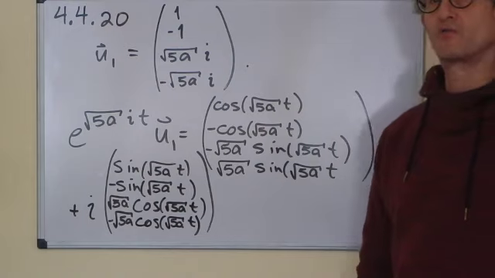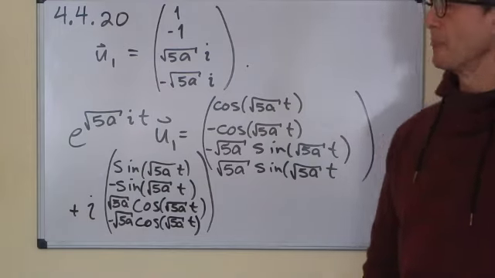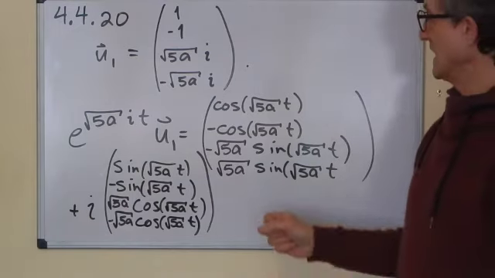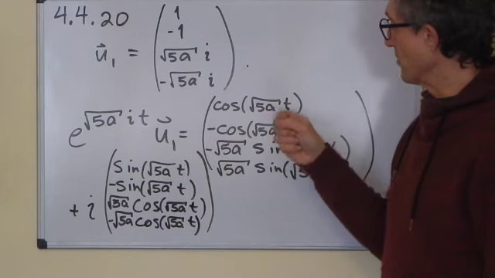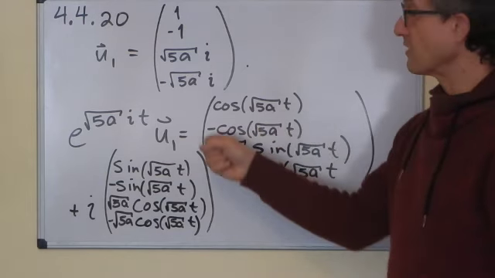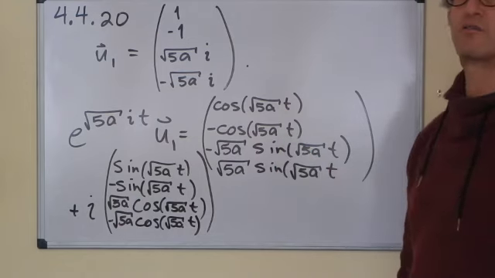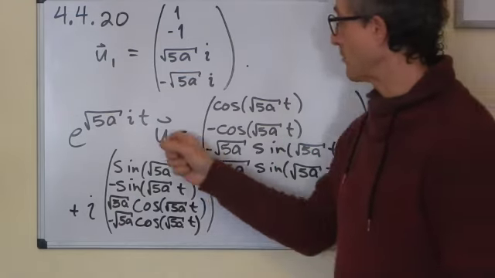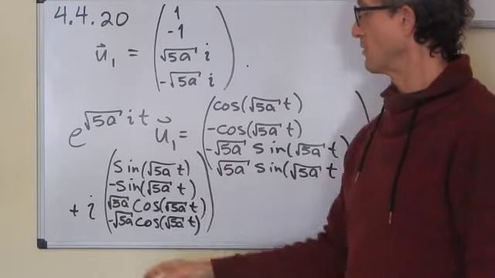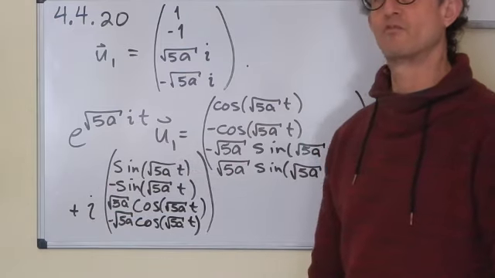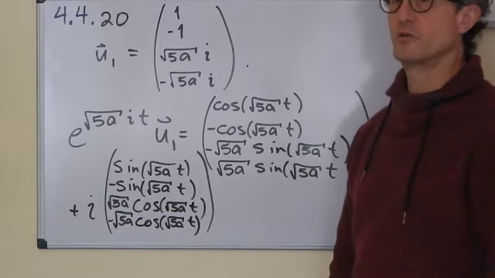And remember from linear independence that the part that does not involve the square root of minus 1 is an eigenvector for the original matrix, and the part that does involve the square root, that is multiplied by the square root of minus 1, is also an eigenvector.